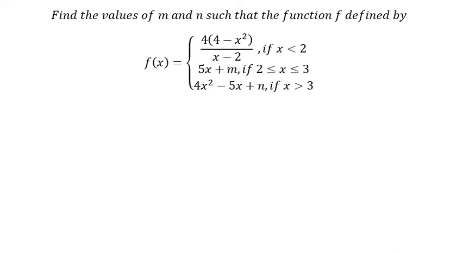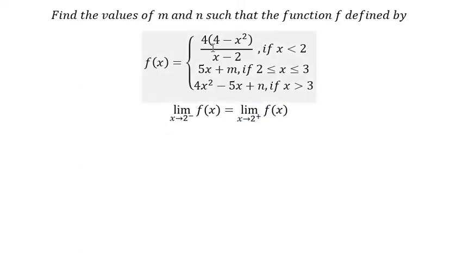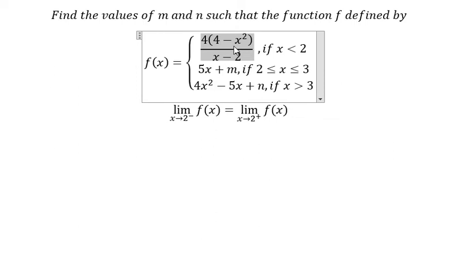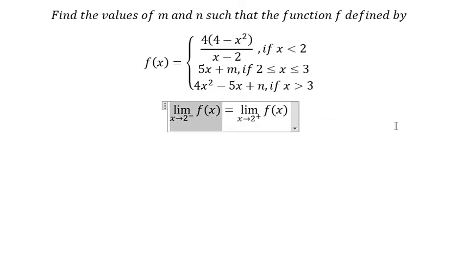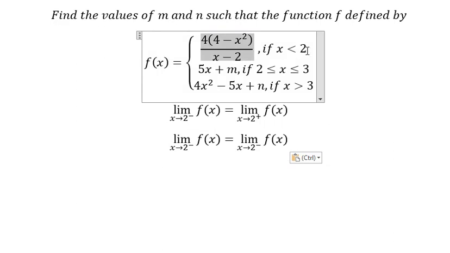The limit on the left of number 2 will equal the limit on the right of number 2. So we need to find the limit of this one first. On the left of number 2, we just have this one.